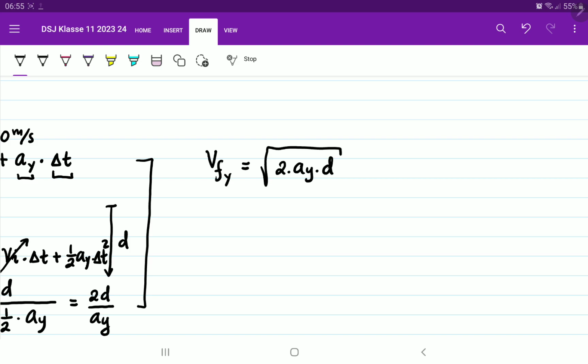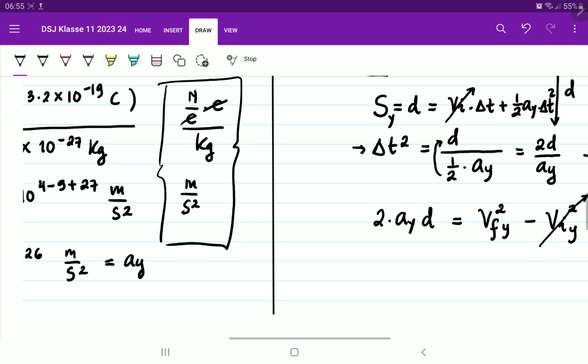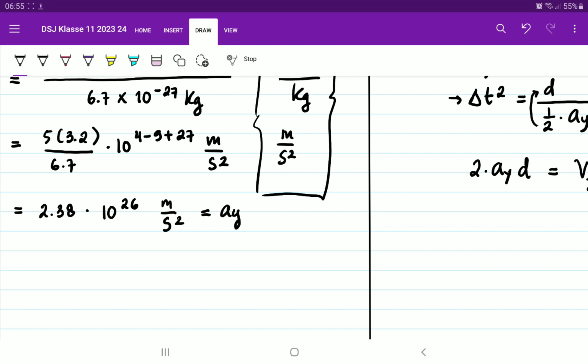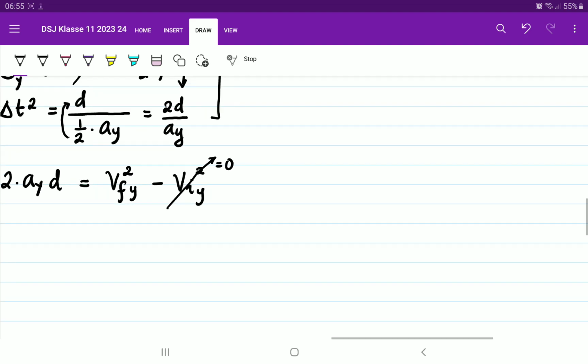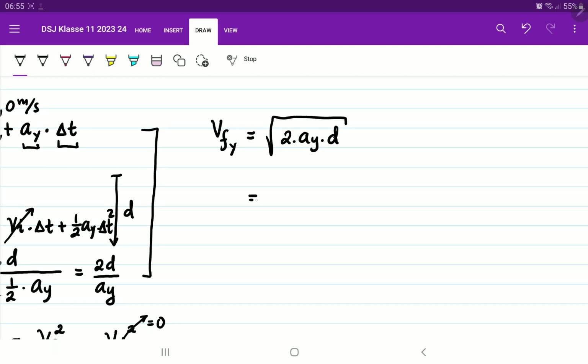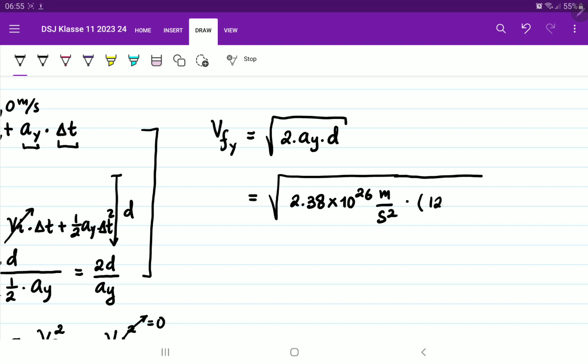Now we know a_y, which is from the second question, 2.38 times 10 to the 26 meter per second squared, multiplied with 12 times 10 to the minus 3 meter.